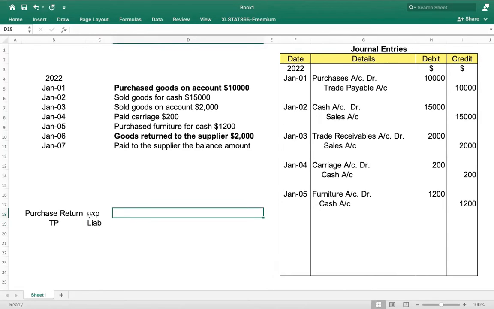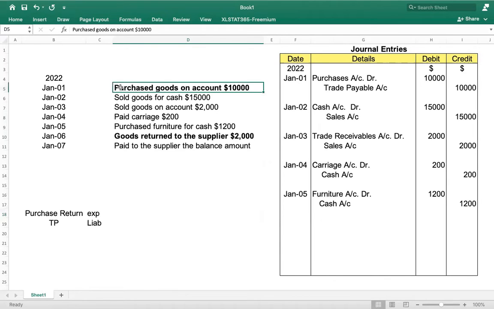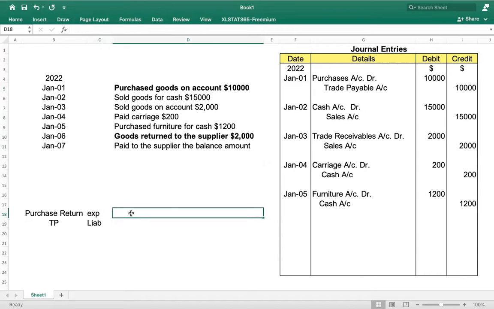Now tell me, is expense increasing or decreasing? When I bought goods at that time, it increased, right? So now it is decreasing, because I am returning the goods. It is in the expense category, but expense is decreasing.